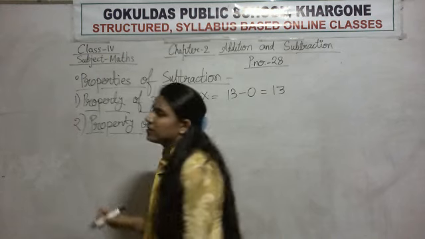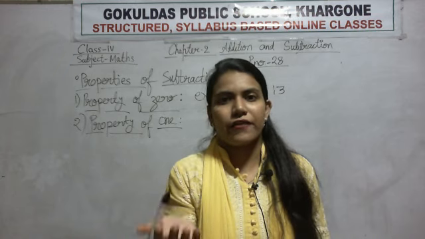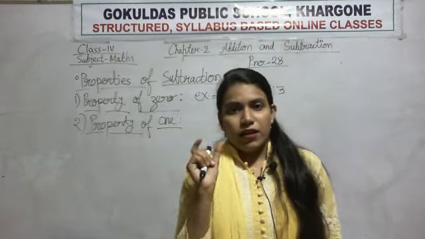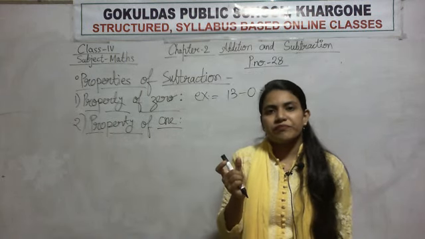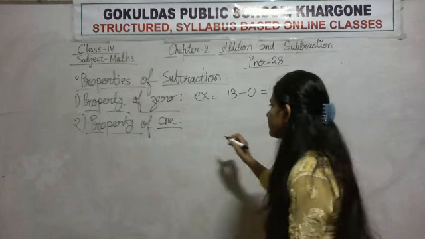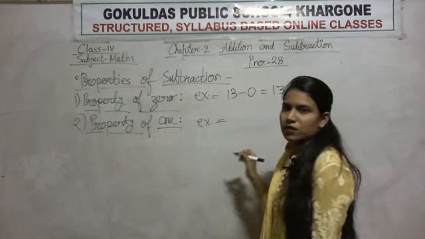This property says that if you subtract 1 from any number, the result is the just before number. Let's take an example. Suppose your roll number is 15.